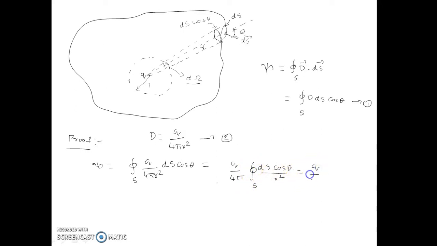So you can very easily see that this dS cos theta by r square is the solid angle subtended at this point charge by the differential surface dS.